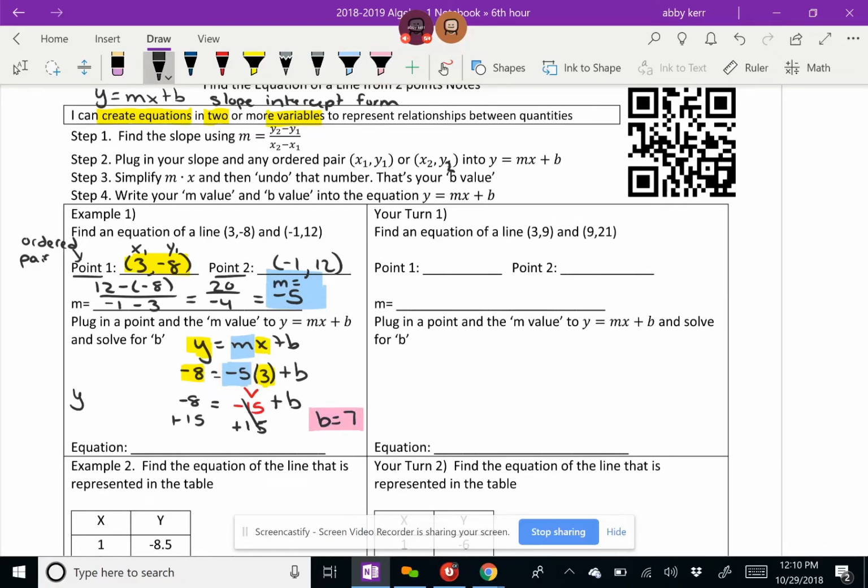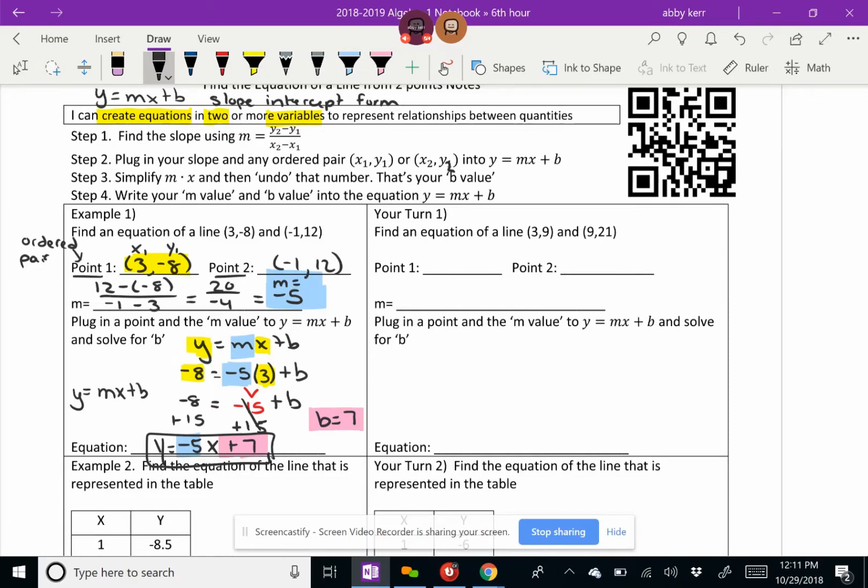Now remember, our whole goal is to get y equals mx plus b. So we found our m, we found our b. Now we're just going to put that together. And then that's our equation: y equals negative 5x plus 7.